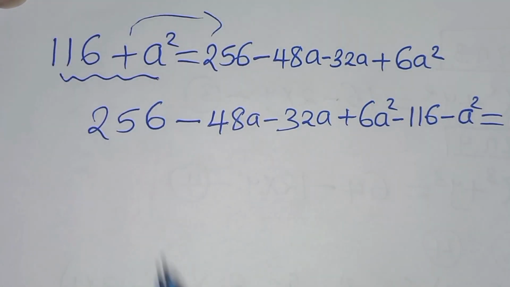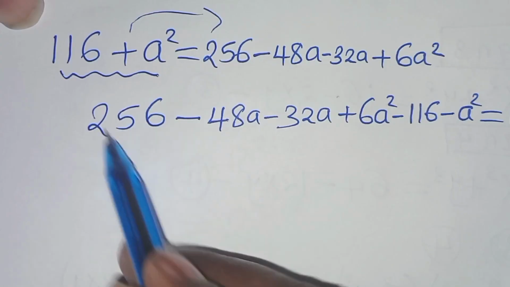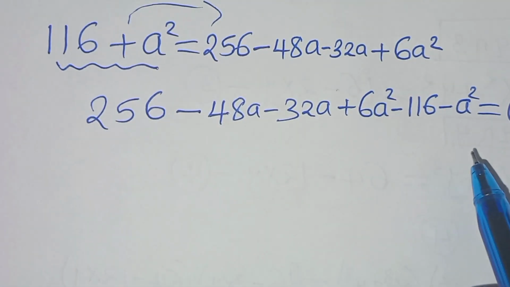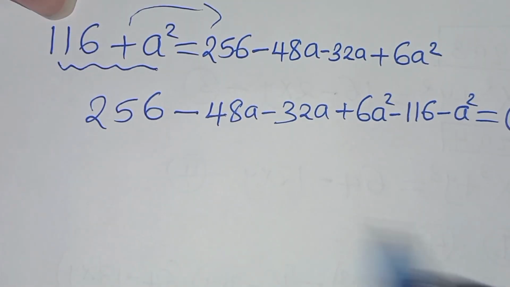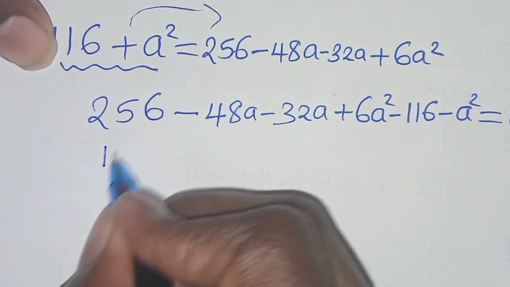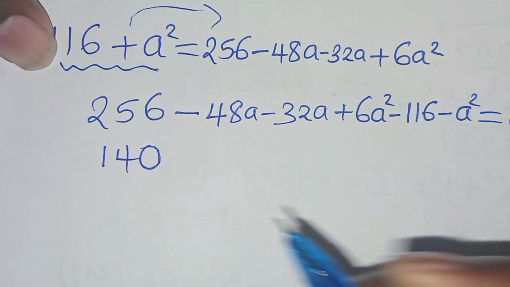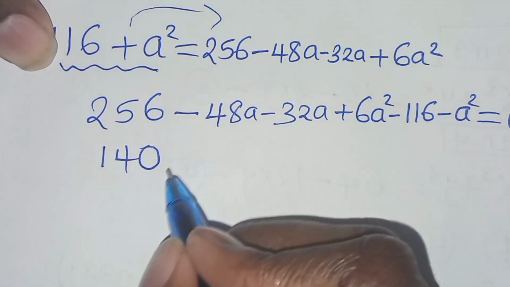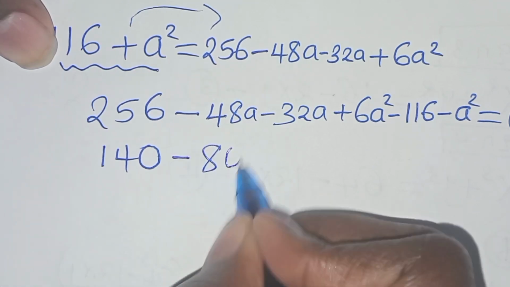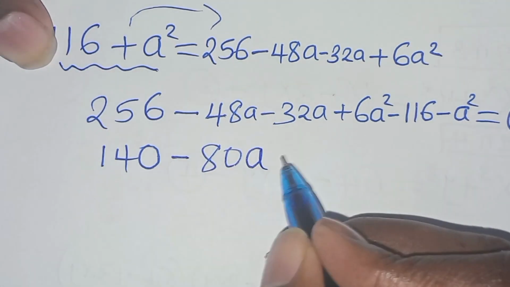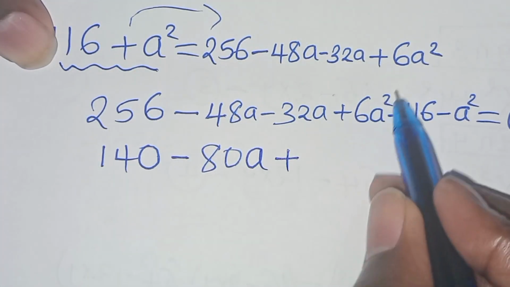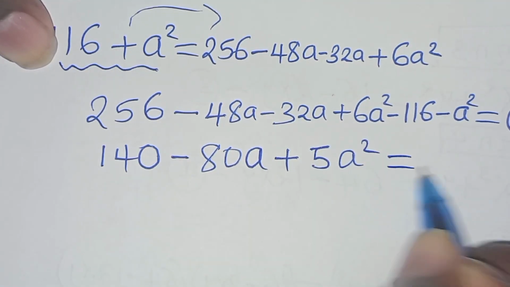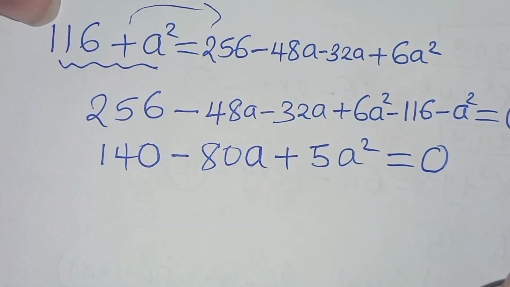Now, this implies here we have 256 minus 116, and this is actually equal to 140. Then minus 48a minus 32a, we have minus 80a, then plus 6a squared minus a squared, this is 5a squared. So this is equal to 0.